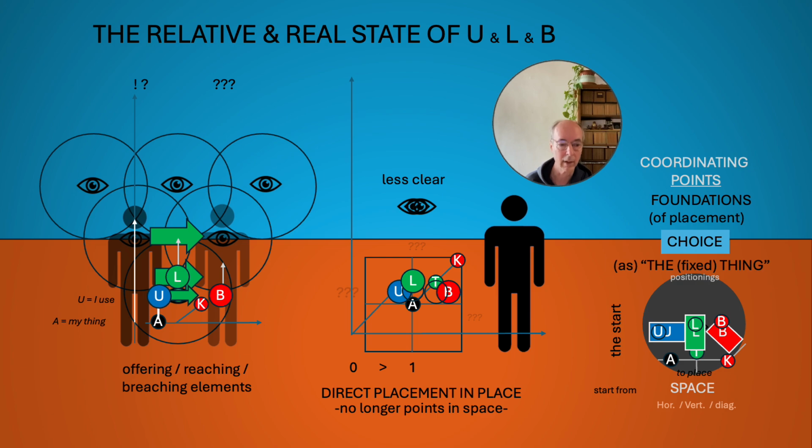What will happen in the timing aspect? The U, the L and the B will be elements that will not simply use these basics, but they will actually be used to breach the basics, to go beyond just the 3 starting points. My starting point of view, the starting point of view that is the same for us, or your starting point of view, then we have to reach each other. So if I have my starting point of view, I deal with the ATK elements, I deal also with that maybe your thing is different.